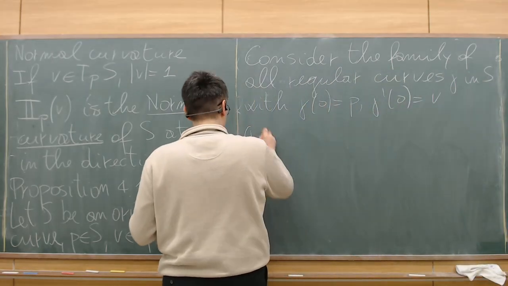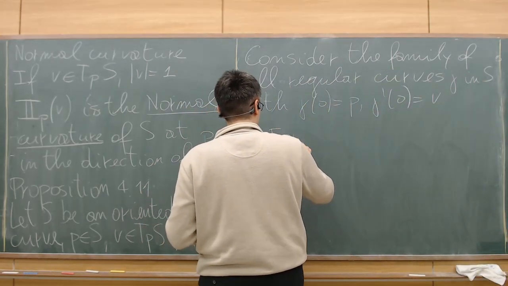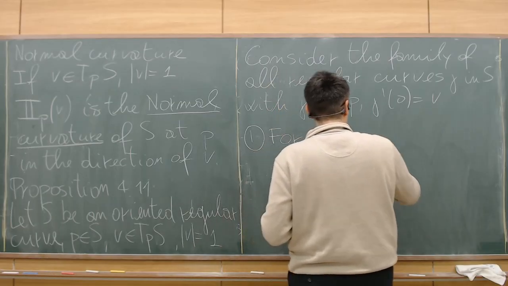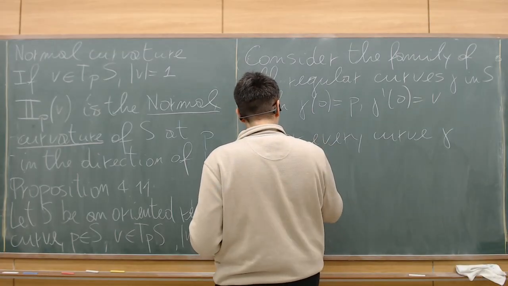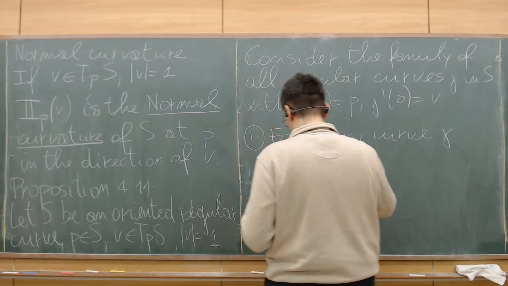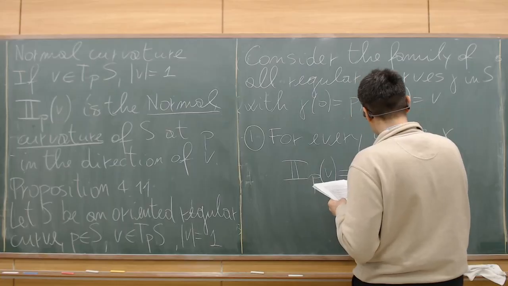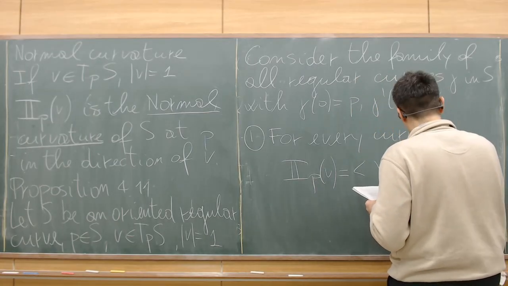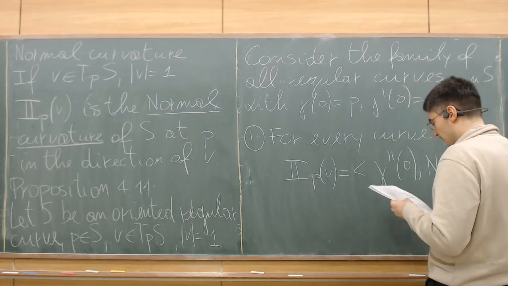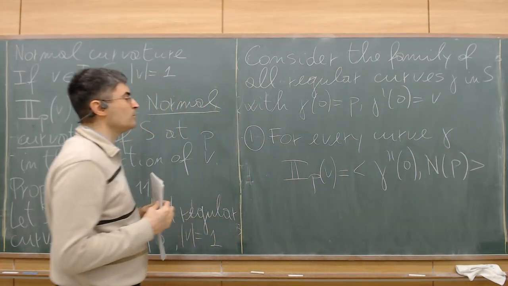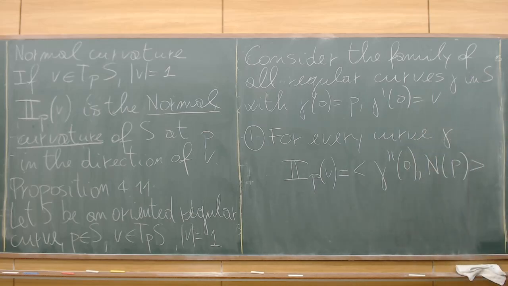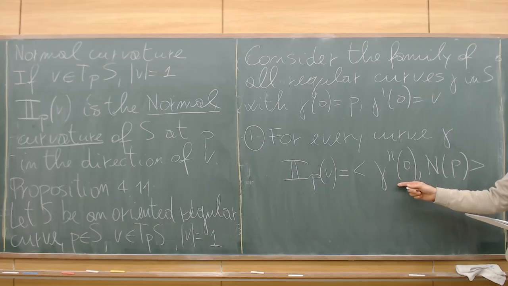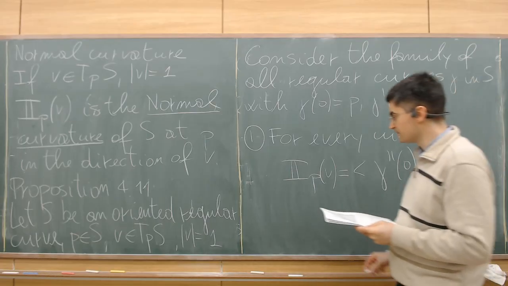Then for every curve gamma, we have that the normal curvature is given by this inner product. This formula says that the normal curvature is nothing but the normal component of the initial acceleration of gamma.